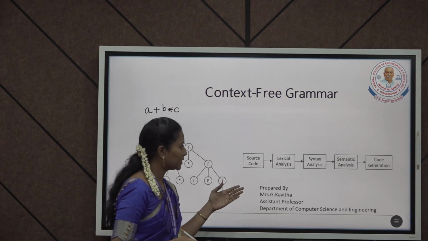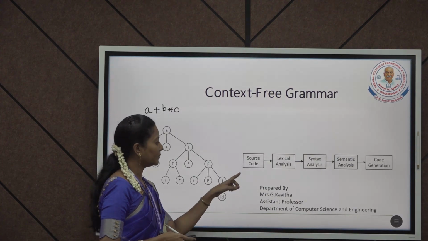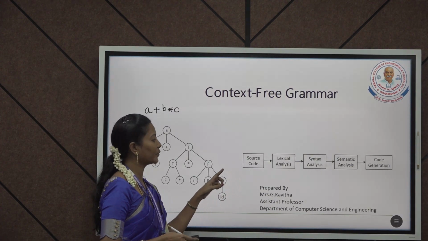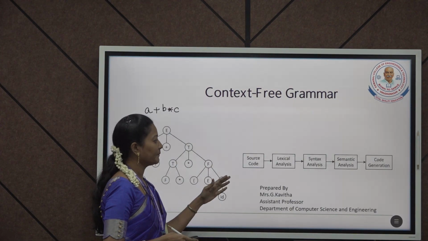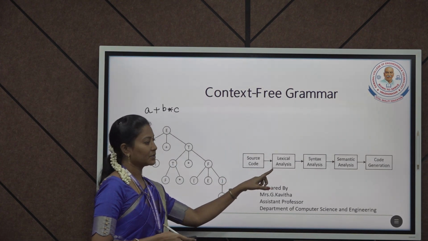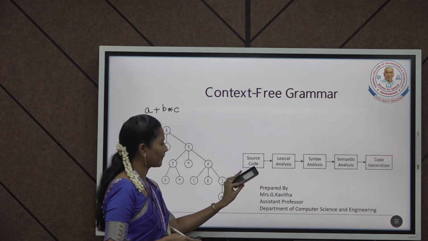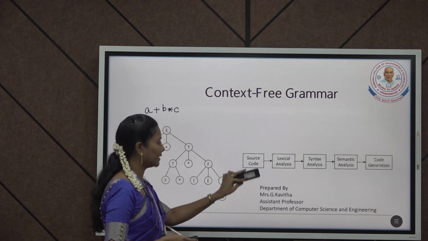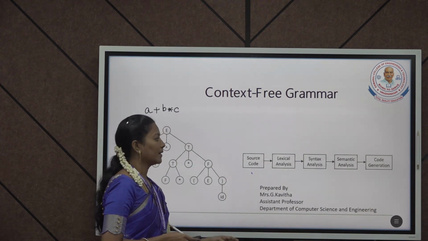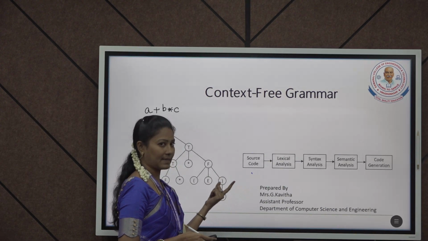So, here are the various stages of a compiler. Our input is the source code, that is the program that we are writing, and it is given to the lexical analyzer, where the source program is scanned and tokens are generated. After this, the tokens are given as input to the syntax analyzer.